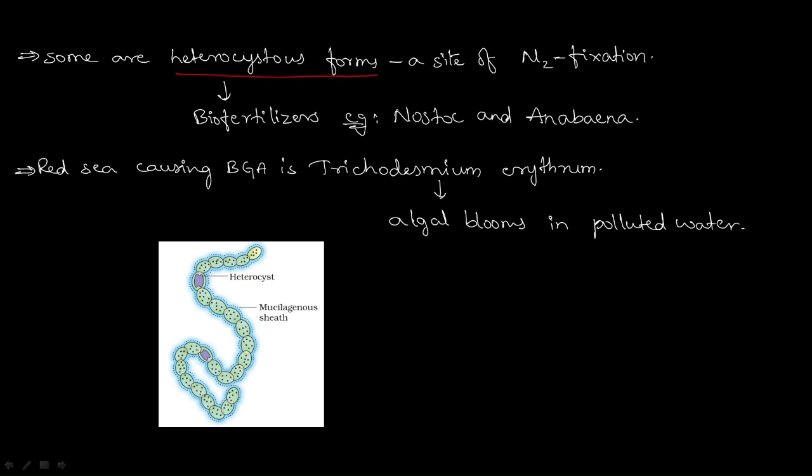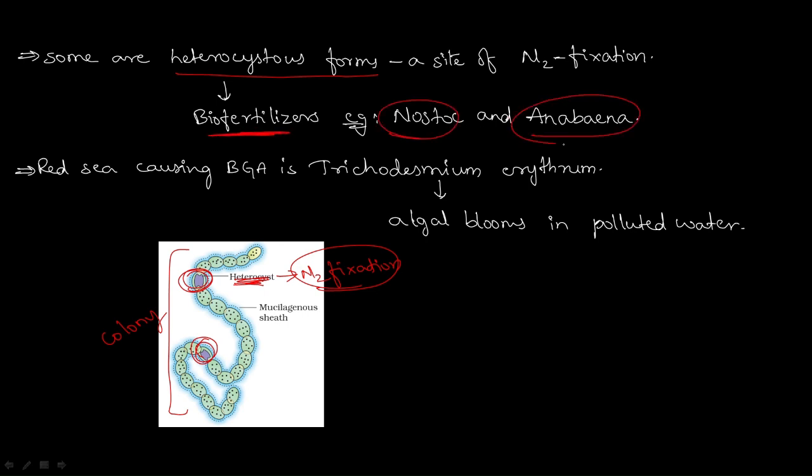As you can see, this is a colony of cyanobacteria, and in this particular colony some cells are called heterocysts, which means they help in N2 fixation. Some cells fix N2, those cells are called heterocysts, and they act as biofertilizers. Example, Nostoc and Anabaena.